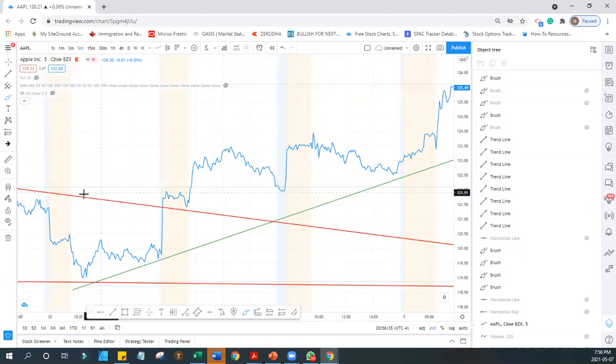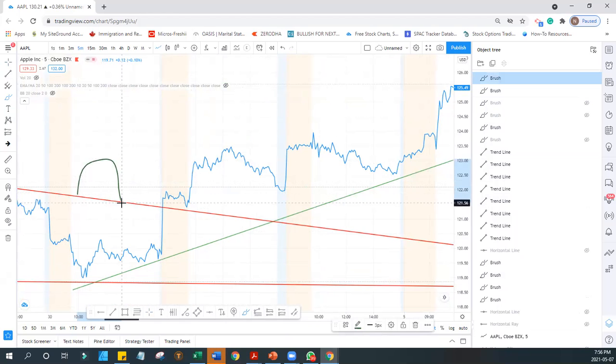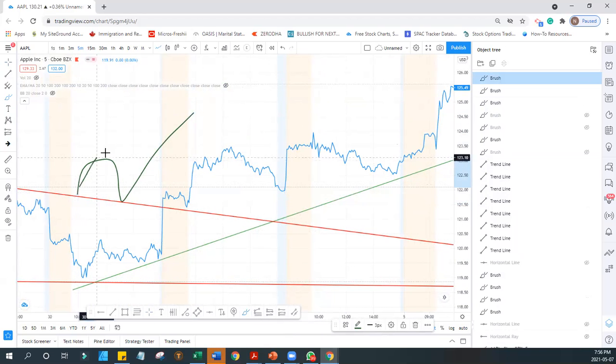It tested the support, and then it goes up. Most of the time, when any breakout happens, price goes up, then comes back to test the area, and then moves for the bigger rally.